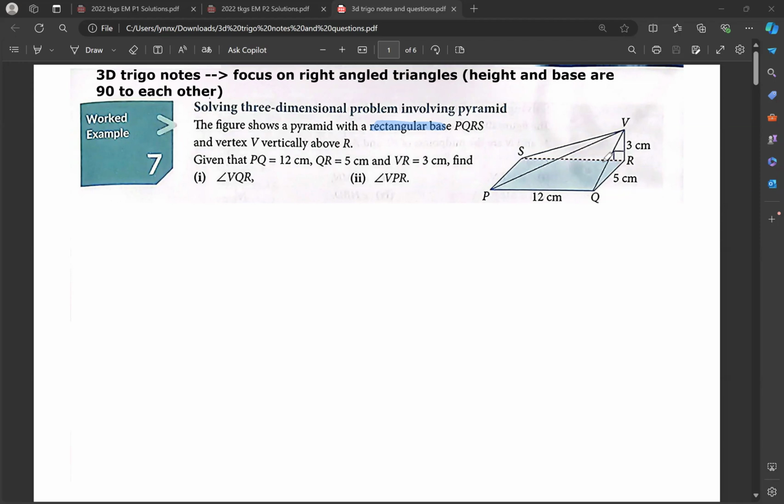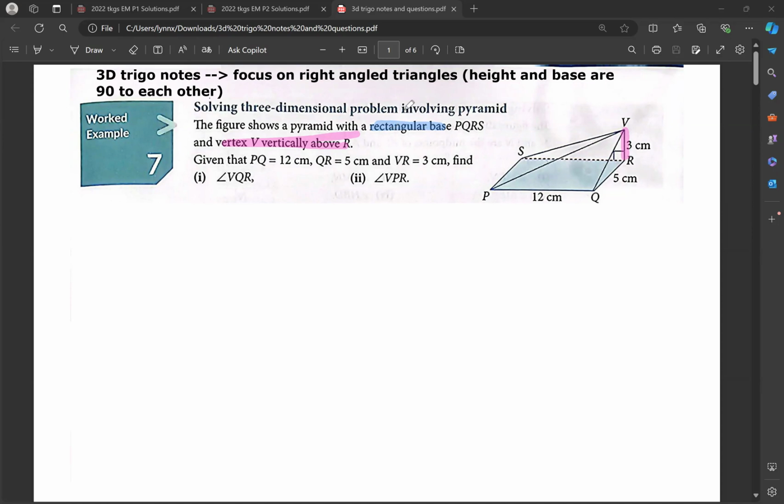Okay, and then now they say there's a vertex V vertically above R. Now, this is very important because when they tell you that V is vertically above R, this is so-called your height. So I want to find a base that is 90 degrees perpendicular to VR so that I can get my right-angled triangle. I continue reading the question.